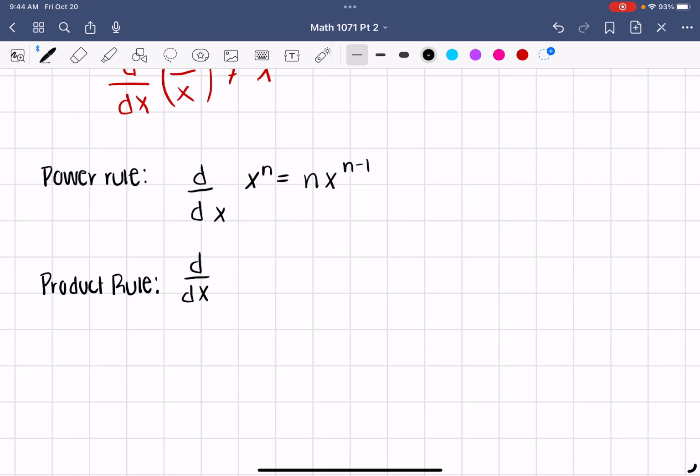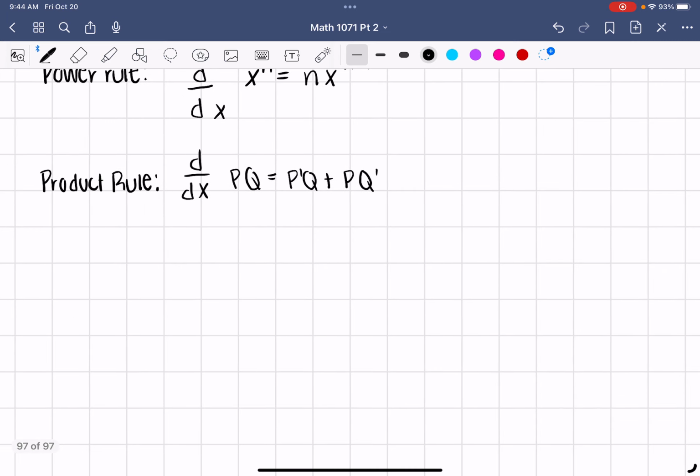No, it's more complicated than that. And then remember we had the chain rule. If you have an outer function and an inner function, you first take the derivative of the outer function and then multiply that by the derivative of the inner.